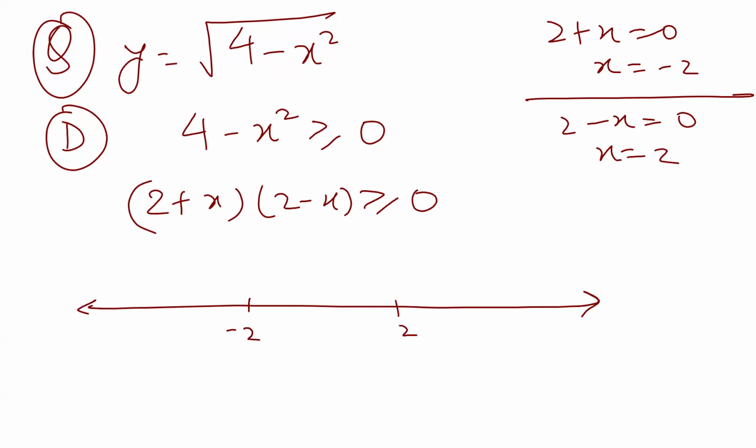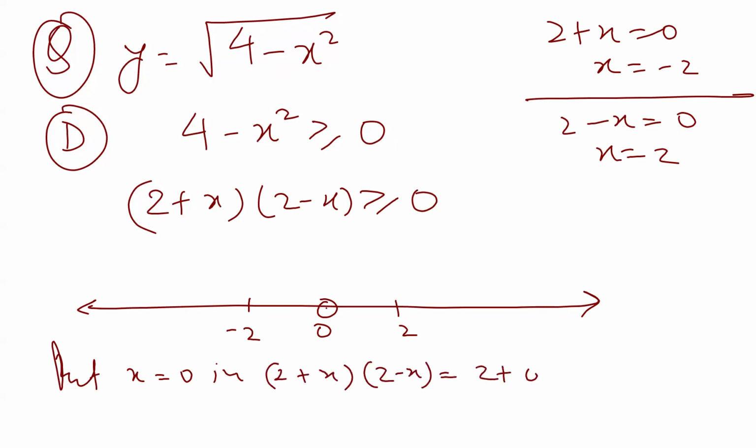Consider any one particular point in any of the three regions. Put x equal to 0 in 2 plus x and 2 minus x. So 2 plus 0 into 2 minus 0, which is 4. So for x equal to 0, we got a positive answer this time. 0 is a representative of the middle region, so this entire thing is positive.